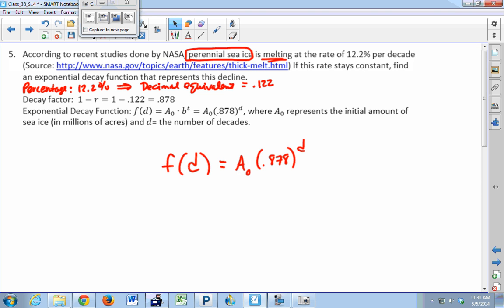How long before we have half the amount of perennial sea ice? What would be the value of f of d if we were going to have half the amount that we have right now? How would I write it? Half of what we currently have. How much do we currently have? How much perennial sea ice do we have right now?